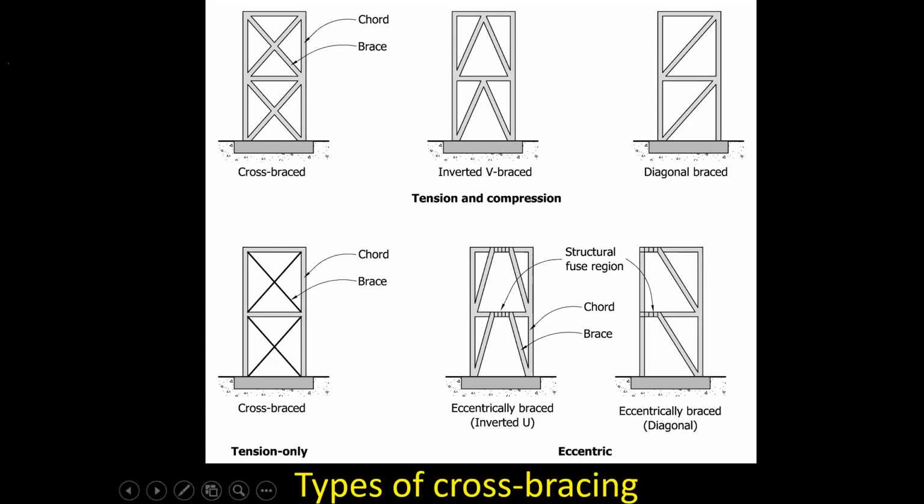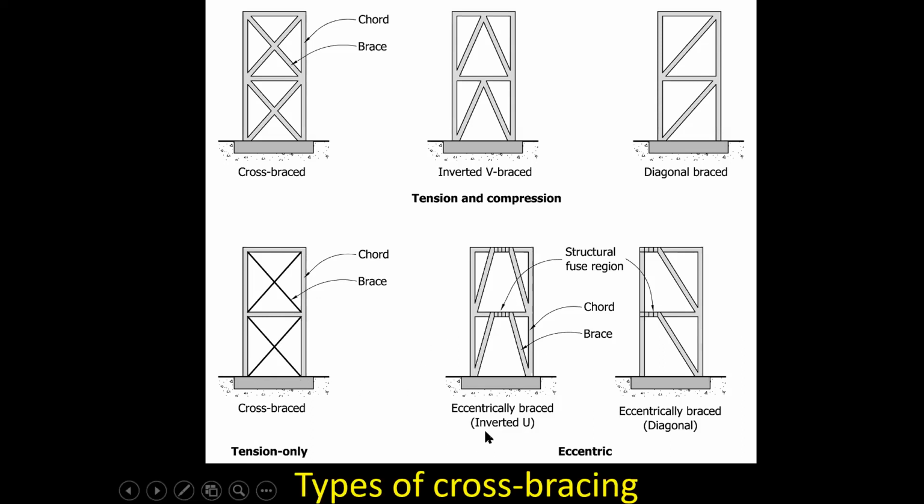You could have frames with cross-bracing like this, or inverted V-braced frames, or diagonally braced frames. Or you could have frames where the diagonals just work in tension. And so these members are very small because they just withstand tension forces.